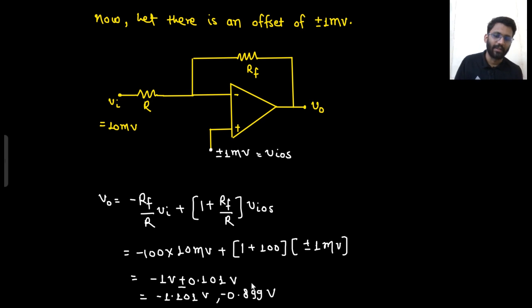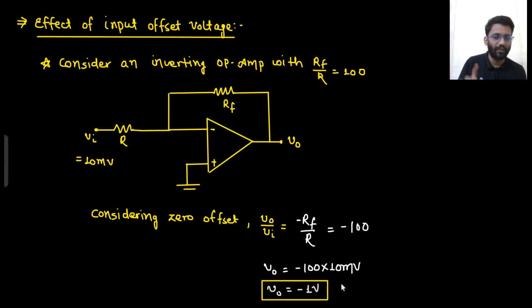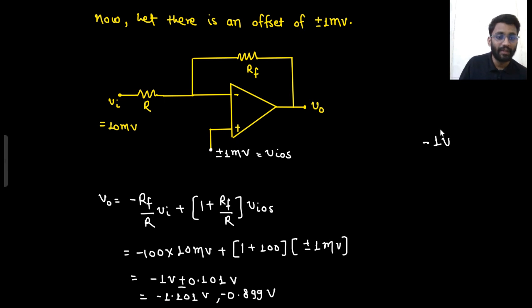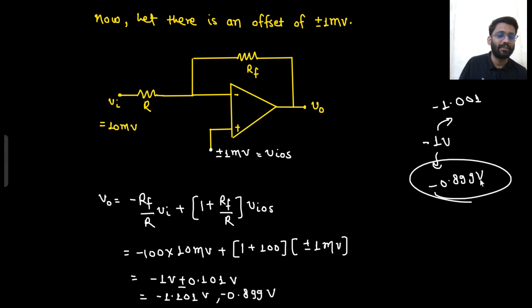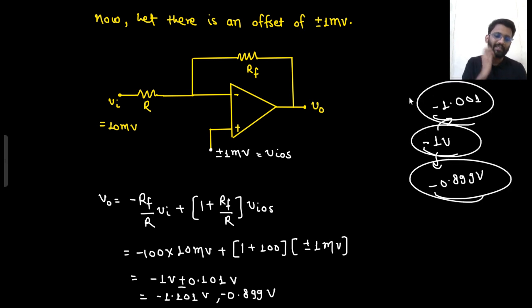Ideally, you expected your output to be minus 1 volt, but sometimes it can be minus 1.101 volt, or it can be minus 0.899 volt. So that much error you can see. Approximately how much error is it? 10% error, I guess, right?